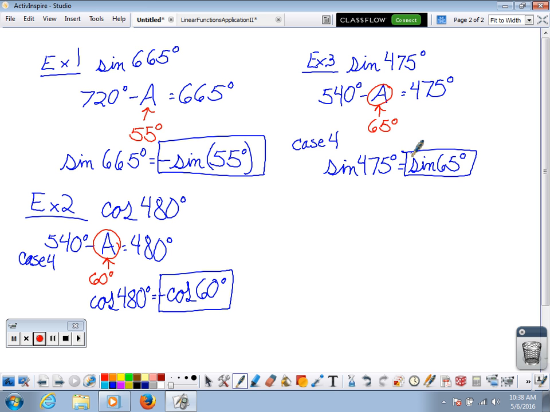Okay, last one. You guys talk me through this one. Okay, let's say we have the sine of 220 degrees. Okay, so let's talk sine of 220 degrees. So the magic number is 220.